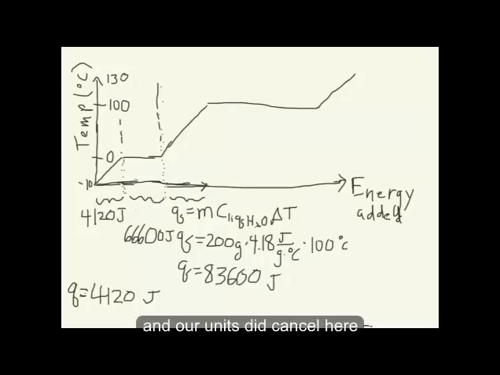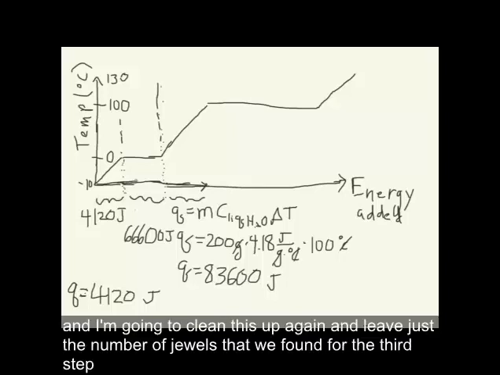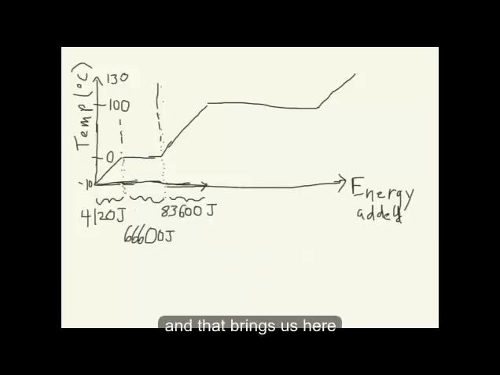And our units did cancel here. Grams over grams, C over C. And I'm going to clean this up again and leave just our number of joules that we found for the third step. And that brings us here to 100 degree Celsius water.